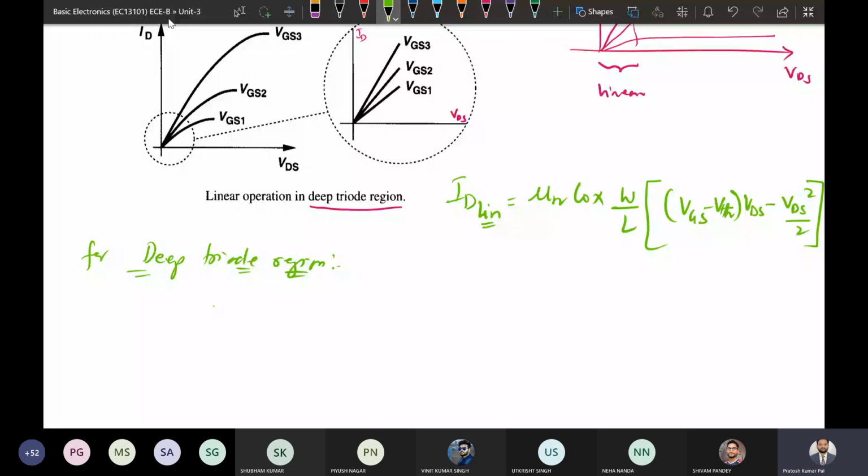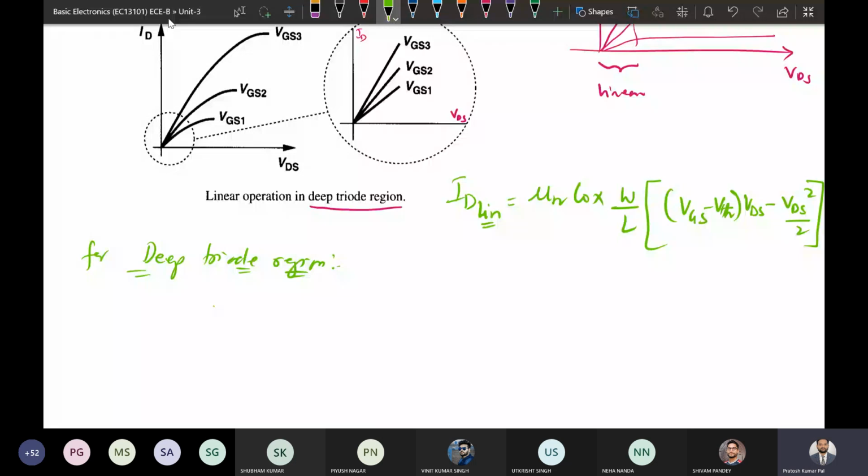So neglecting this term means we will be making it 0, and then we will proceed with mu n Cox W by L, this 1 by 2 outside, into VDS multiplied by 2 times VGS minus VTH. So we have neglected this term.